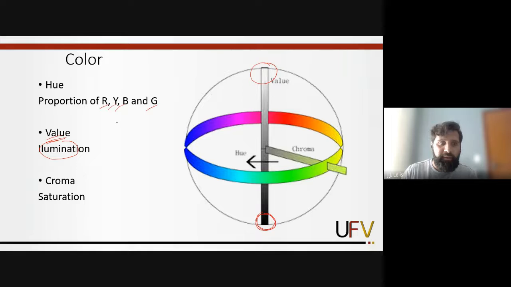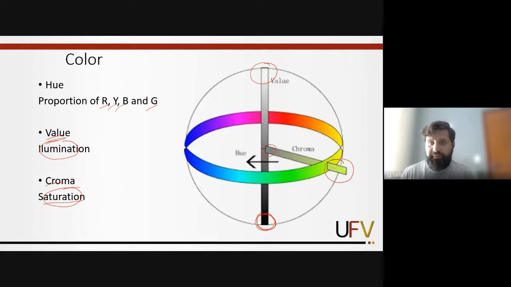Okay? And we have the chroma, that's the saturation of color. We can see a color that's very, very white, and we can have a strong color, a saturated color. We are used to changing the chroma in some pictures that we take, like on Instagram. We can add some filter, and the filter changes the saturation of the color.